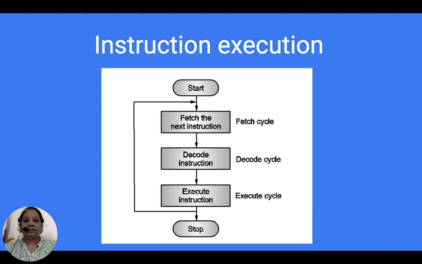We fetch the instruction, then we decode the instruction, and then we execute. Then we check whether there is a next instruction or not. If there is, it continues in a loop: we fetch the next instruction, decode, execute, and go on. This is the normal procedure of how an instruction is executed in a processor.